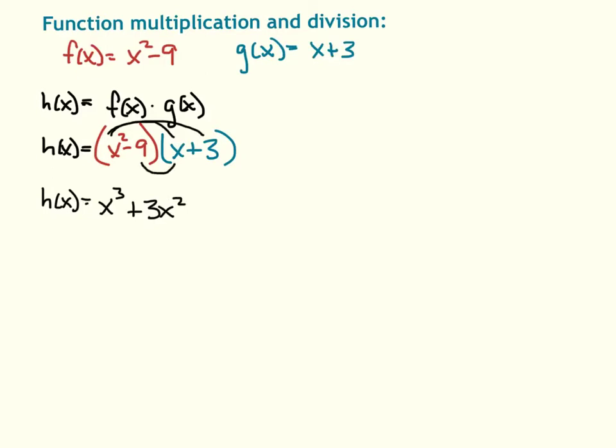And then negative 9 times x is negative 9x. Negative 9 times 3 is negative 27. There's no like terms. So this is the function. Okay. That's f of x times g of x. And are we dividing by any x's? No. So what's my domain? All real numbers.